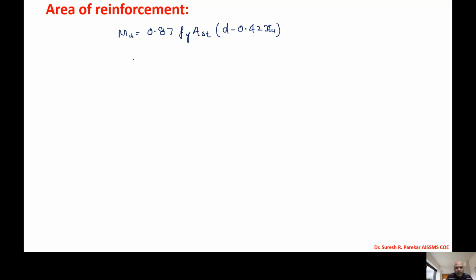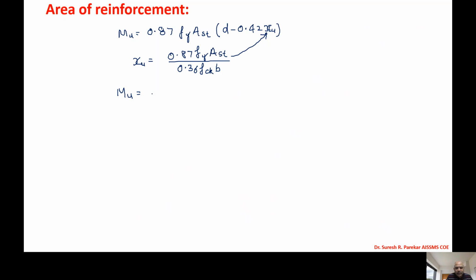Now we also have Cu equal to Tu, and from this we will get Xu, that is equal to 0.87 fy Ast divided by 0.36 fck into b.